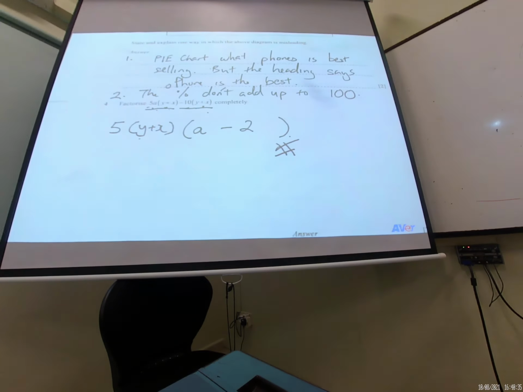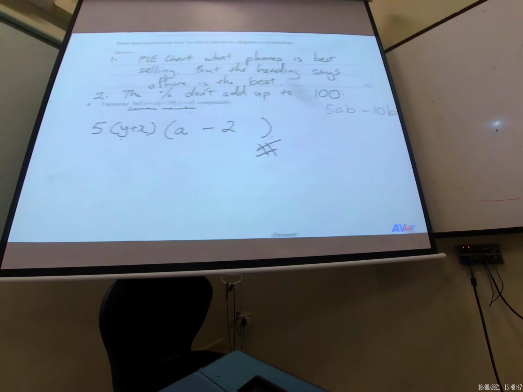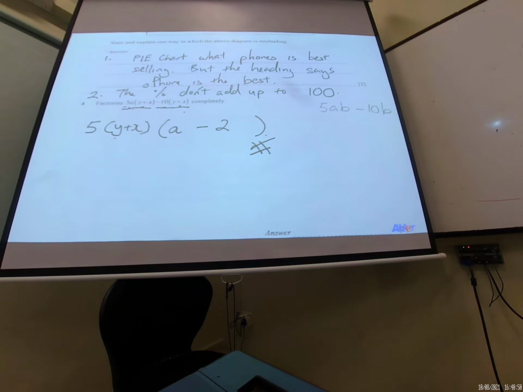For some of you who need more explanation, let's say we consider 5a times b minus 10 times b. Then it makes it very clear. What we take out is what is common. 5 and 10, take out what is common. A is not there. B is common, so we also take out b.